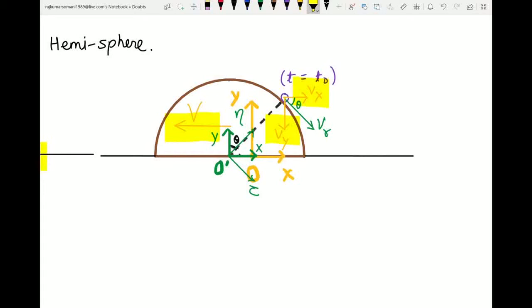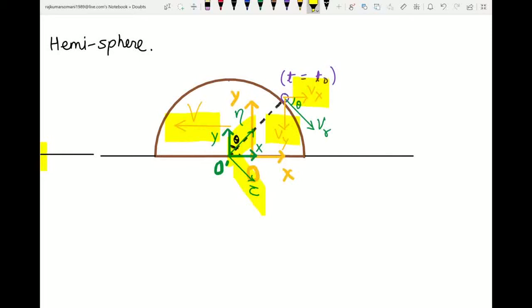The other variables are in the green frame of reference. In the green frame of reference, I have also considered a tangential direction as well as a normal direction as shown in the figure, other than the x and y directions also.